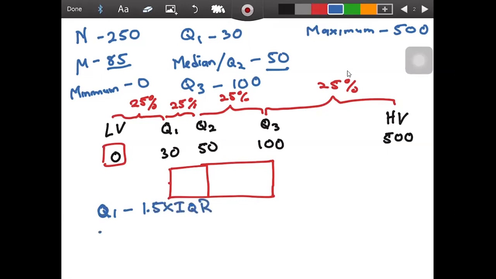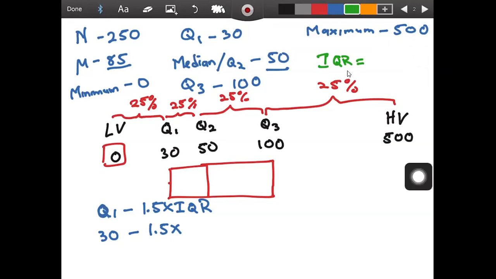Q1 is 30, and the interquartile range is Q3 minus Q1, so 100 minus 30 equals 70.